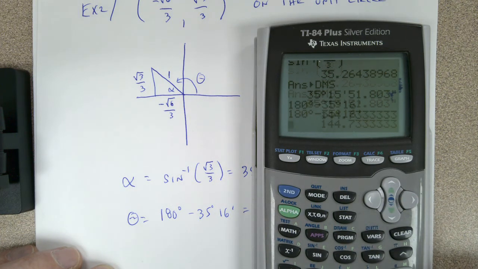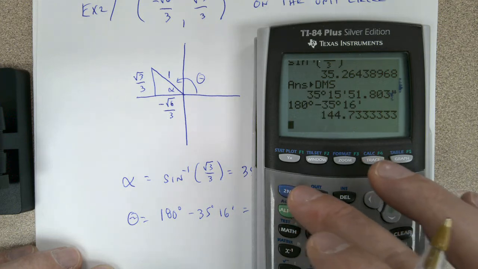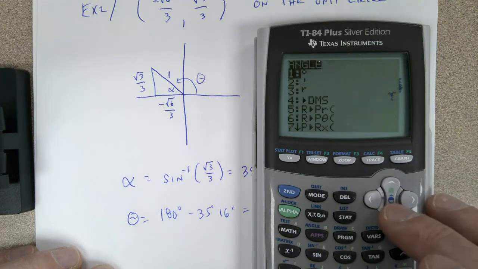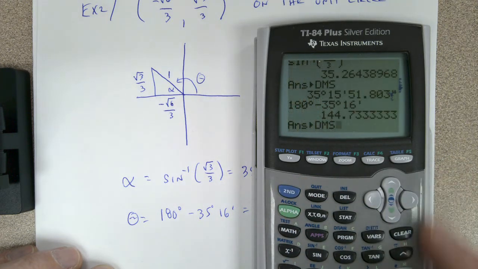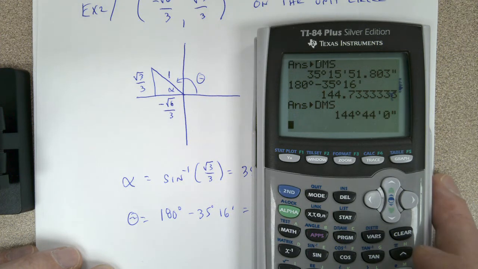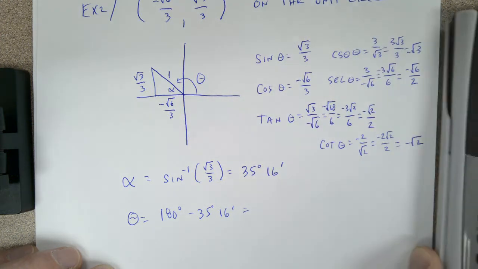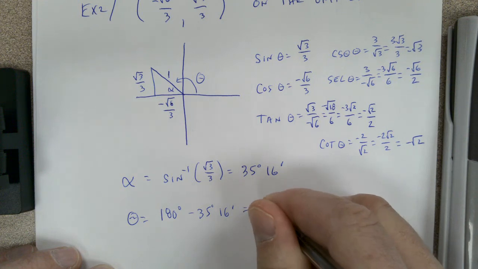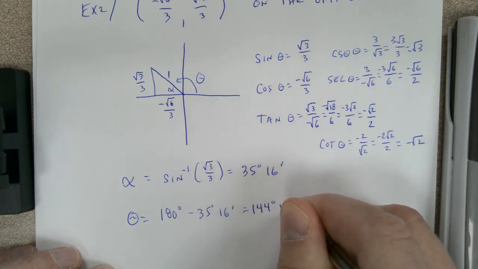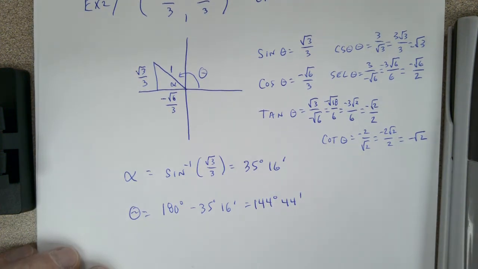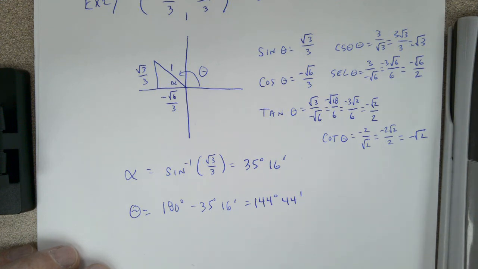And I hit enter, and then I'm going to change that back to degrees, minutes, and seconds, and hit enter. So 144 degrees, 44 minutes is going to be my theta there.